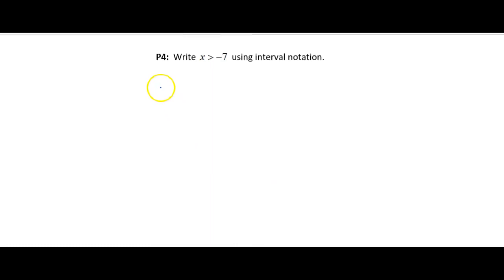And the last practice problem was x greater than -7. So again, especially when there's just one number, graphing this might be helpful. So x is greater than -7. There's an open circle because there's no equal sign. Greater than is to the right.